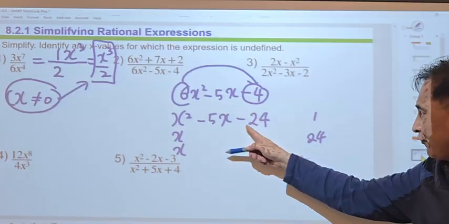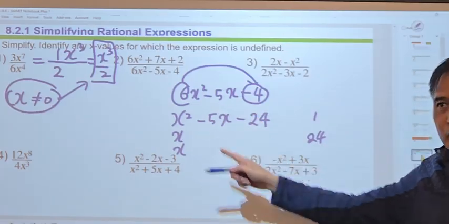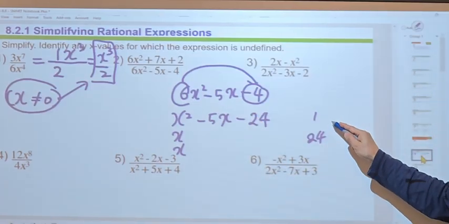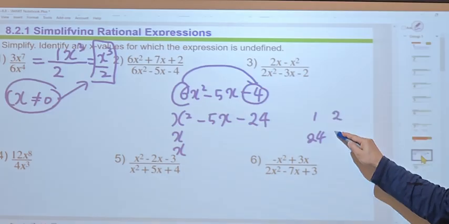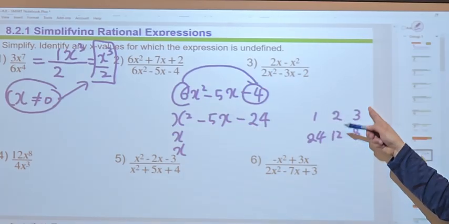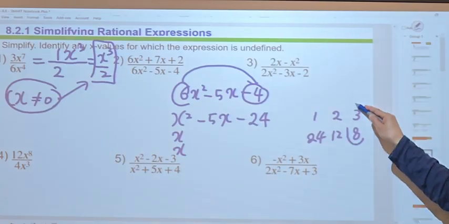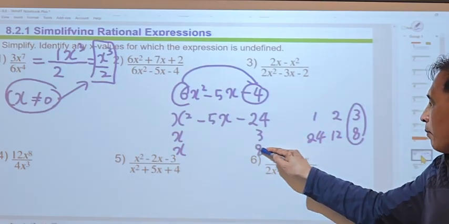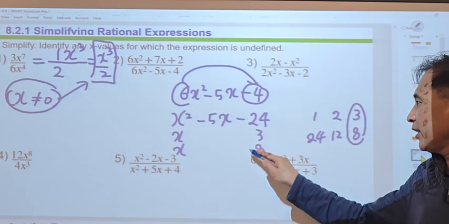We need the difference to be 5, right? Difference is 23 for this. And 2 and 12, difference 10. How about 3 and 8? Yeah, difference 5, right? So we need to pick 3 and 8. And this is negative 5, so the bigger one should be negative.